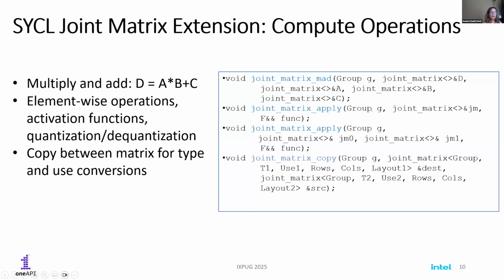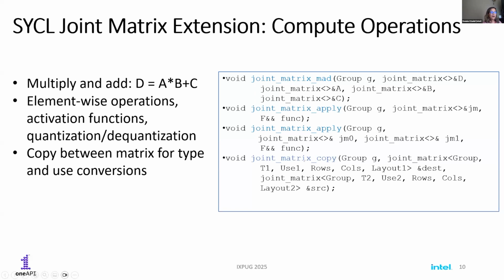Here we have two flavors: one takes one joint matrix and returns the result into the same matrix, but it can also take two matrices, so you apply something to a matrix and it returns the value into a second matrix. You can do all kinds of things with apply.